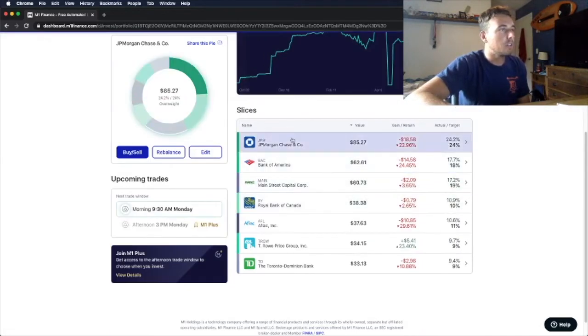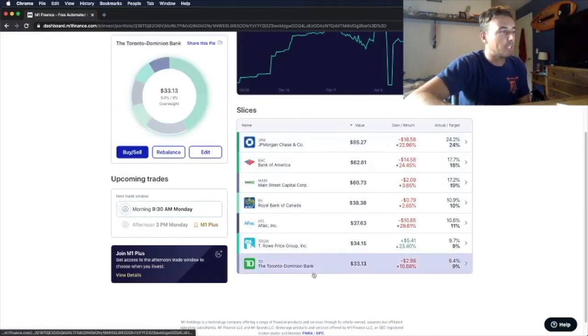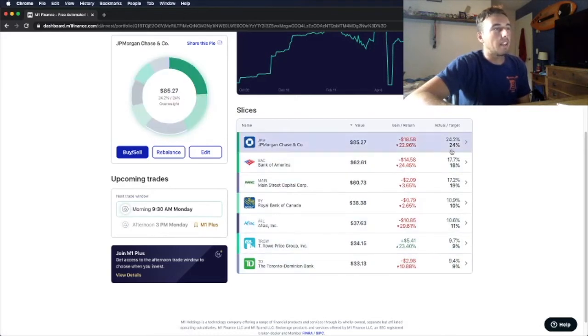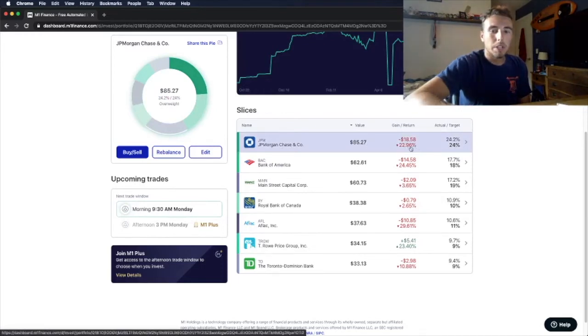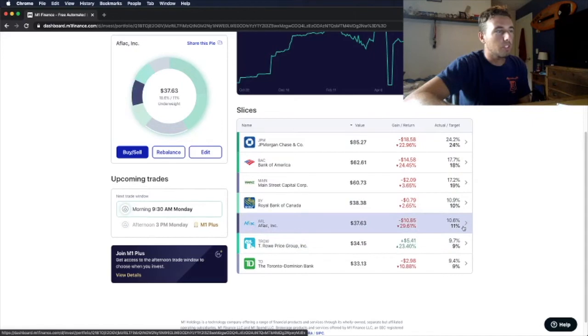These are all my holdings in the finance tab, and you can see everything's still down a bit from all the coronavirus stuff. But as you can see, if one stock is doing worse than another one, then it'll buy shares of that one while it's cheaper. So you can see they have actual and targets here.